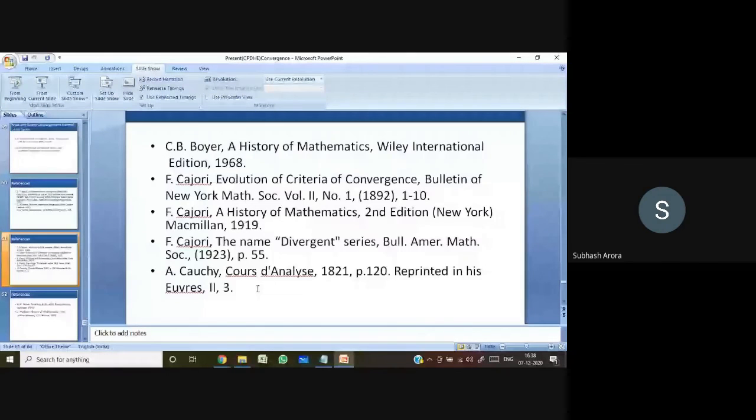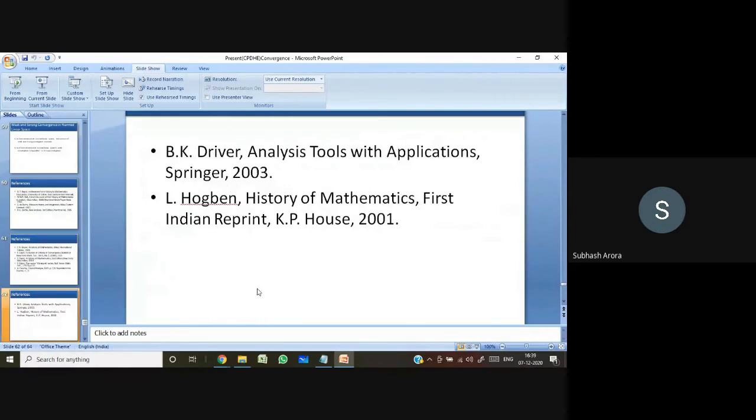This is the research paper, 1892, and these are History of Mathematics. This is the book written by Kajori, History of Mathematics, second edition, 1990, and a book named Divergent Series, 1923, and a book by Divan, where he made the mistake, Cauchy's book, Cours d'Analyse, 1821, and Driver's analysis tools with application.